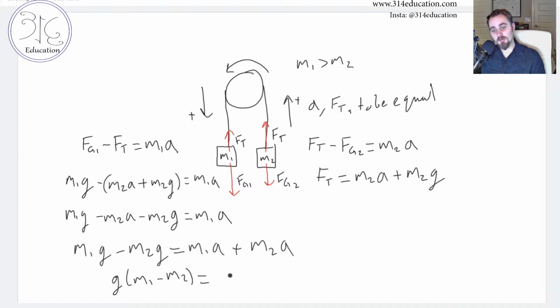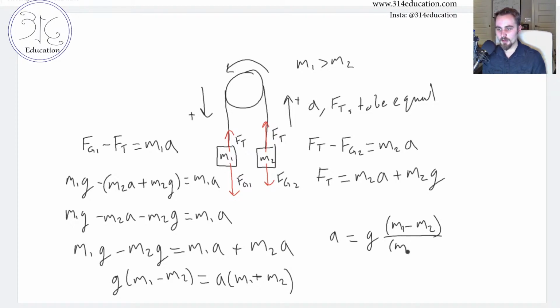And on the right side, we have an a in both terms, so that'd be a times m1 plus m2. And then to get a on its own, we just divide by the sum of the masses here, giving us our acceleration is going to equal g times m1 minus m2 over m1 plus m2.